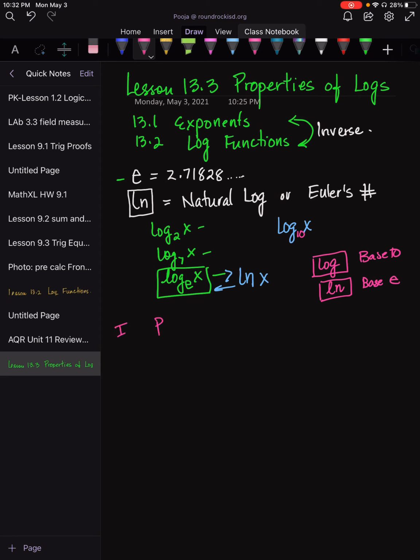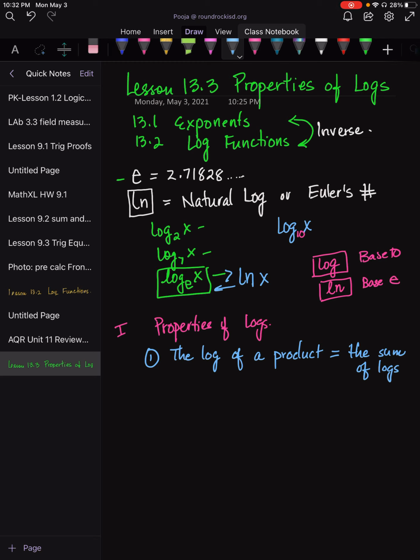Topic number 1. What are the properties of logs? I have 3 for you. Number 1, the first property says the log of a product is the same as the sum of logs.